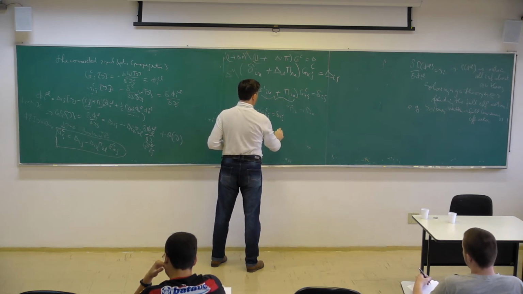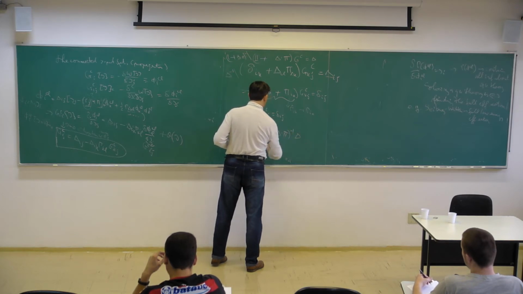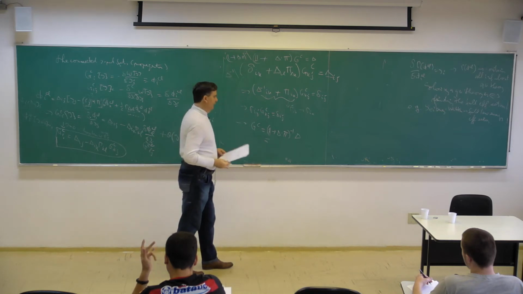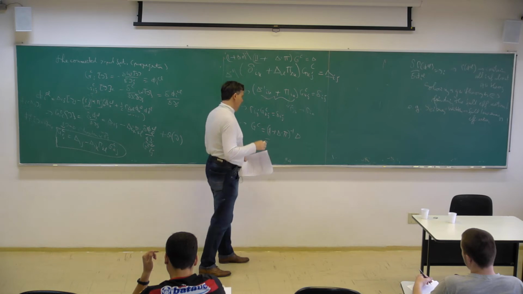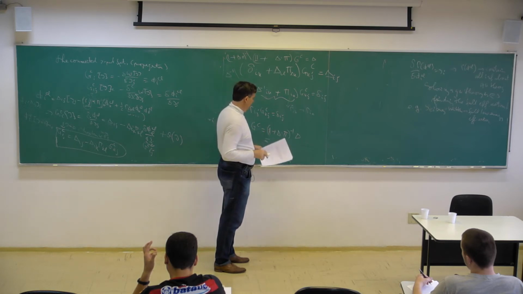So 1 plus delta pi inverse delta. And 1 over 1 plus x is 1 minus x plus x squared minus x cubed and so on, right?